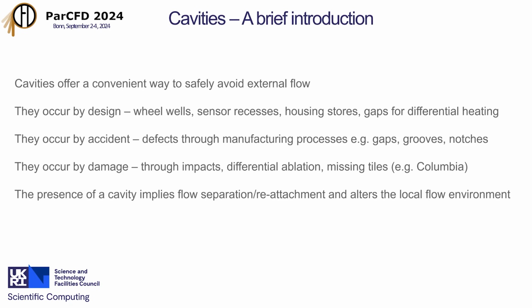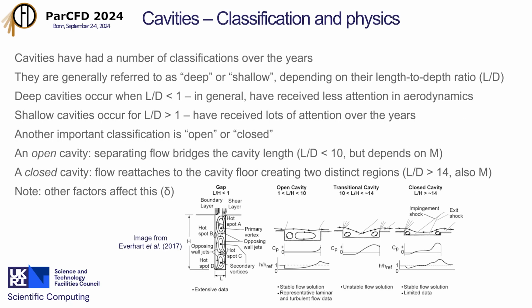So the key thing with a cavity is that it implies that the flow is going to separate, and at some point downstream it will reattach, and that alters the local flow environment around that. Over the years, there have been quite a number of different ways of trying to classify cavities.